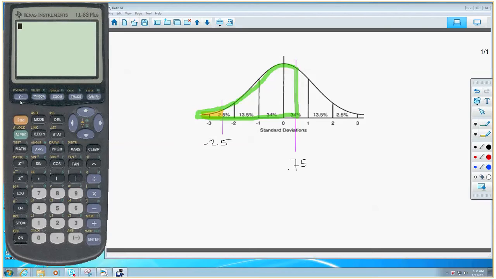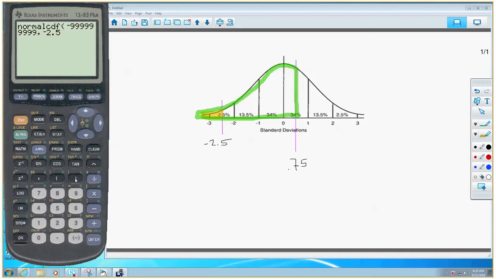Or you can take your handy dandy calculator, second vars, normal CDF. What's infinity on the calculator? Well, negative 9999. You can put 4 nines, you can put 6 nines, whatever you want to do. Comma, and then negative 2.5.